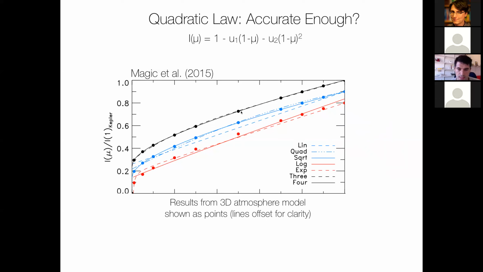That's the actual things which have been produced by the atmosphere model, and comparing it to the best fitting sort of linear law, quadratic law, etc. And virtually everyone always finds that the 4-parameter law, not surprisingly because it has more parameters, always does the best. And they argue that here. And the quadratic, which is the dot-dashed one, it's kind of hard to see, but I think it basically fails near the limb of the star, as you can see here. It doesn't pick up this power near the limb.